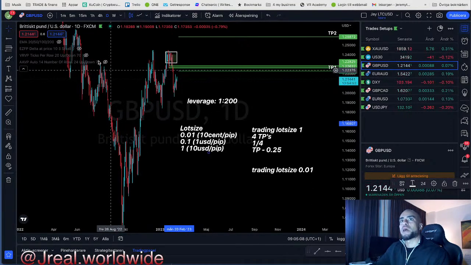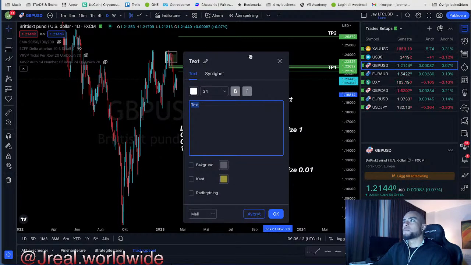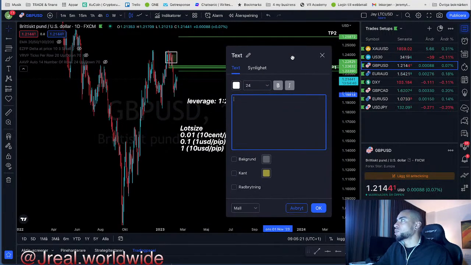So in this case, we have GBP USD. And on GBP USD, one lot. So let's say the price now is about 1.2144. The pip is not the one, not the two after the comma, not the one after the comma, not the four after the comma, but the fifth digit.